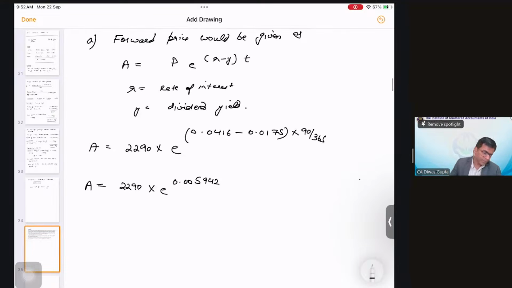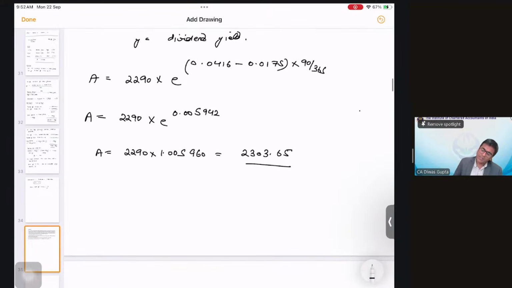Which is given as 1.005960 in the question. 2290 into 1.005960. So this will be multiplied. It will become 2303.65. So this is the value of A. A, which was the future value, right?